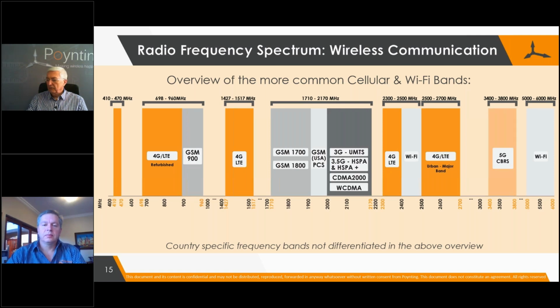Yes, Stephen? Just a comment over here: as spectrum became available in these other bands and new technologies became available, the older technologies like GSM and 3G UMTS had less capacity on the networks in some cases, and some operators would actually refarm that frequency band.